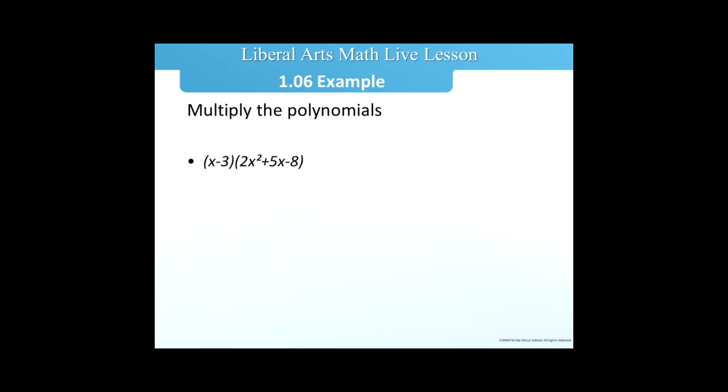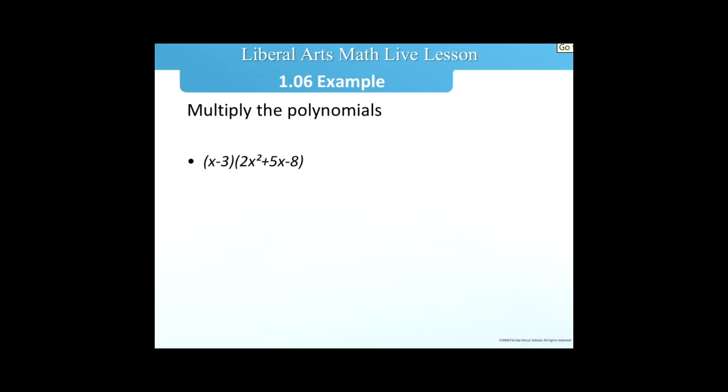And then the last type of multiplying polynomials, a binomial times a trinomial. We're going to do the same thing we did on that last problem where we used distributive property twice. You can still use that FOIL method where you take the x and distribute it to each one in the second one, and then that negative 3 and distribute it to each one in the second one.